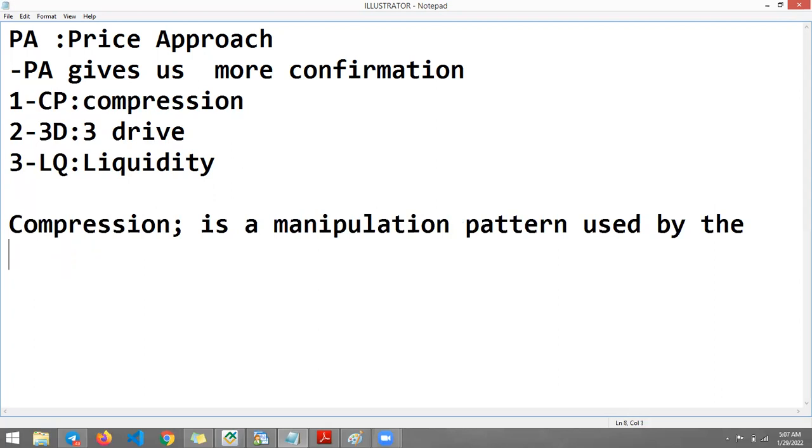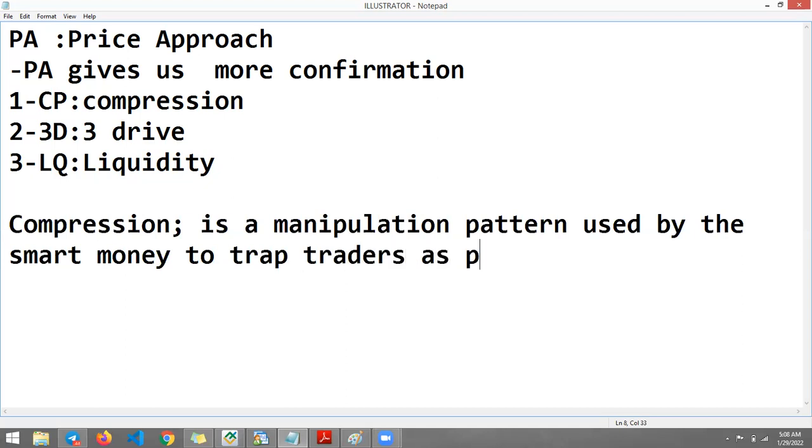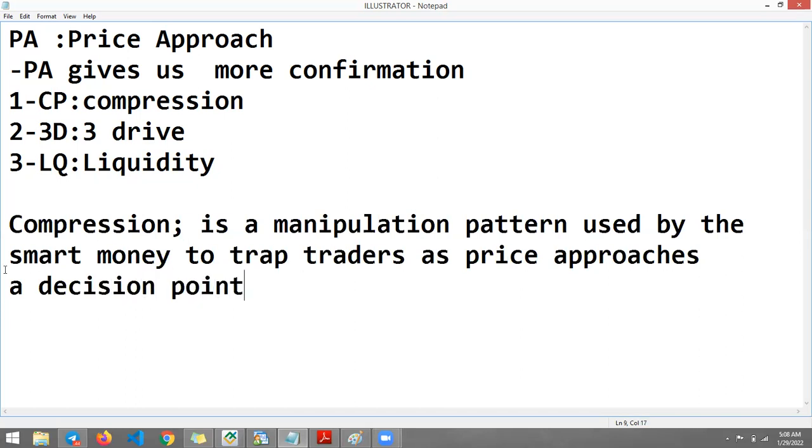Well, let me just call them smart money, used by the smart money to trap traders as price approaches a decision point, right? So now whenever I see a compression, at the back of your mind, you should know that it's a manipulation pattern used by the smart money to trap traders as price approaches a decision point.